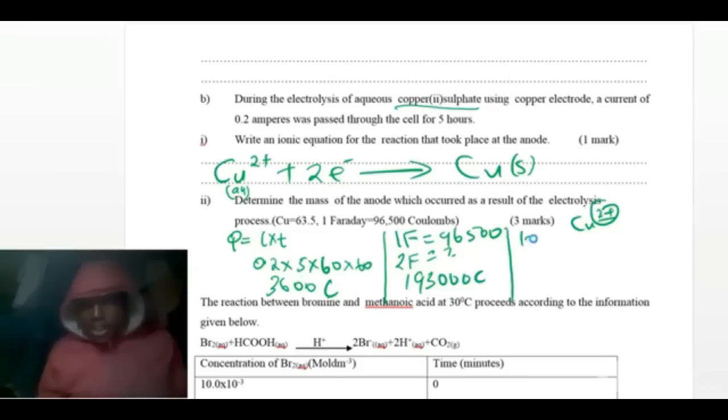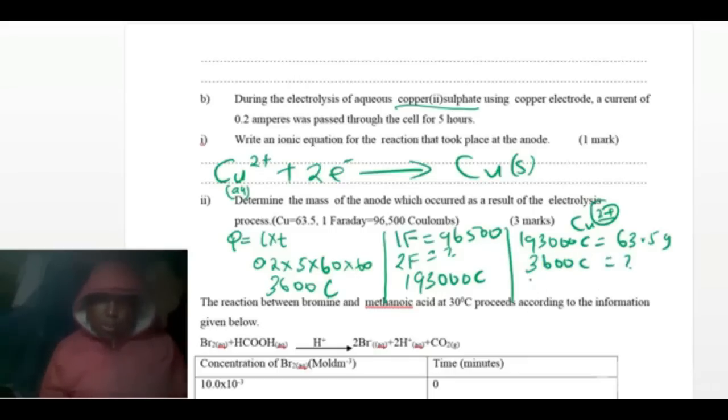So 193 coulombs has a mass of 63.5 grams, because that's 1 mole. So we will ask, what about 36 coulombs? How many grams will it be?